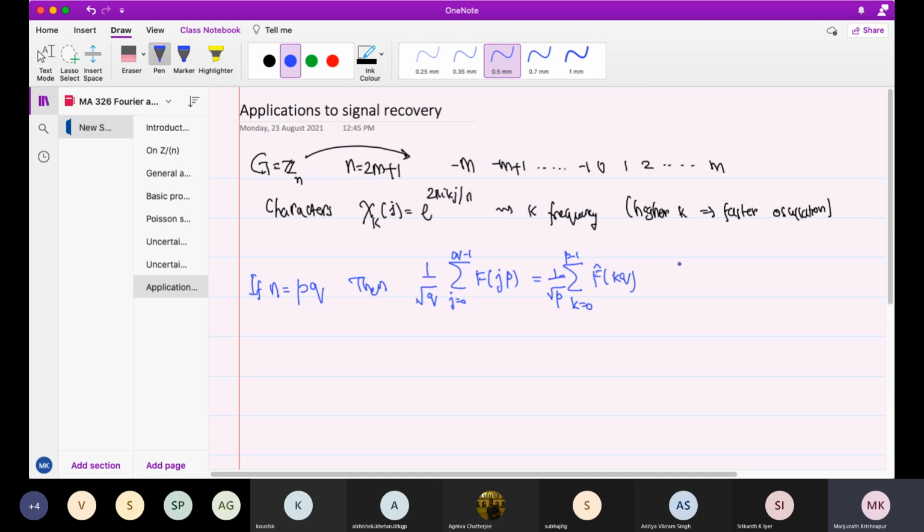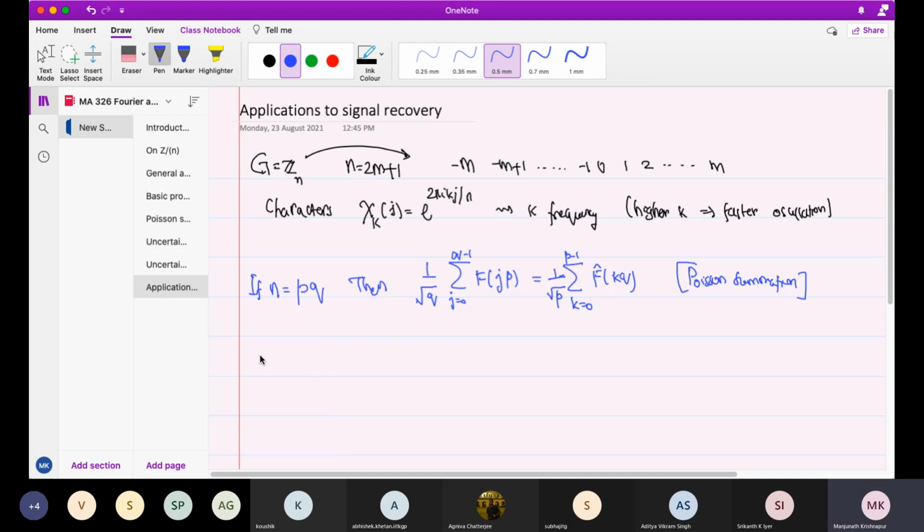This is the Poisson summation formula. Because of that, you can just shift the function. Okay.